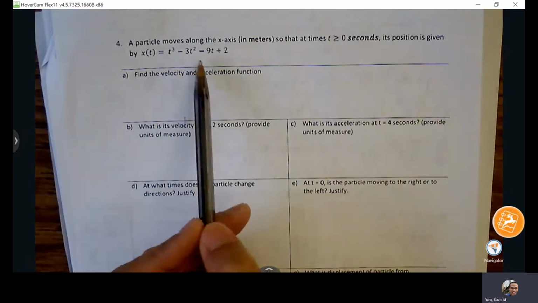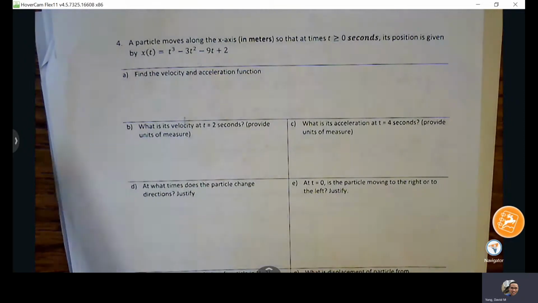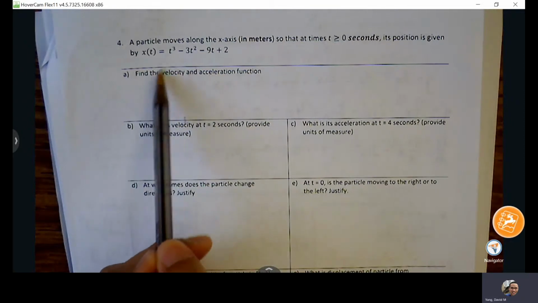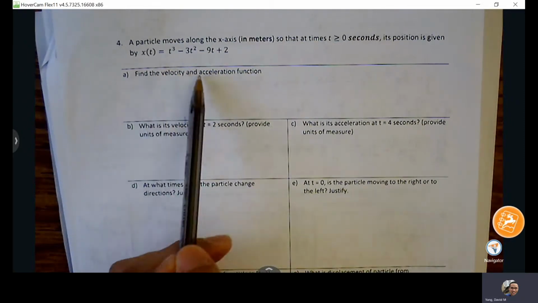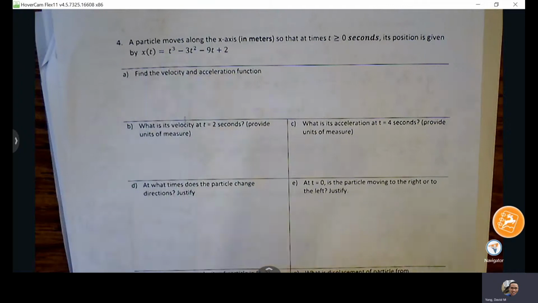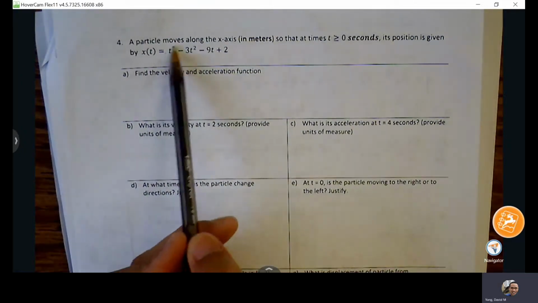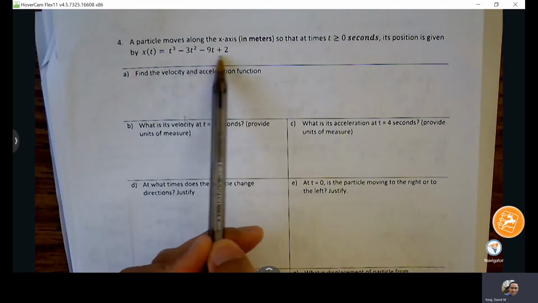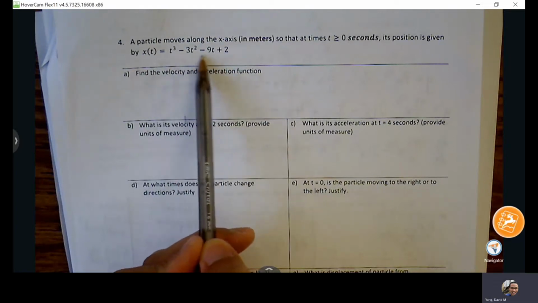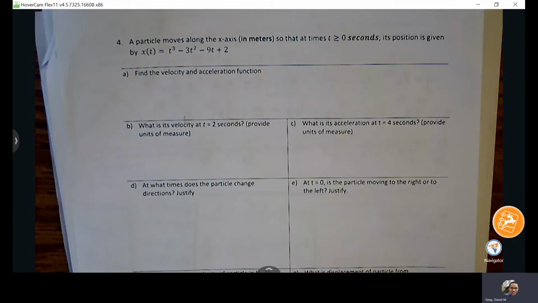Its position is given by x of t. Find velocity and acceleration. Velocity is the first derivative of position, and acceleration is the second derivative of position. We can go through power rule. The nice thing about this setup is there's no cleanup necessary. Every term is set up and ready for power rule, so we jump into power rule.